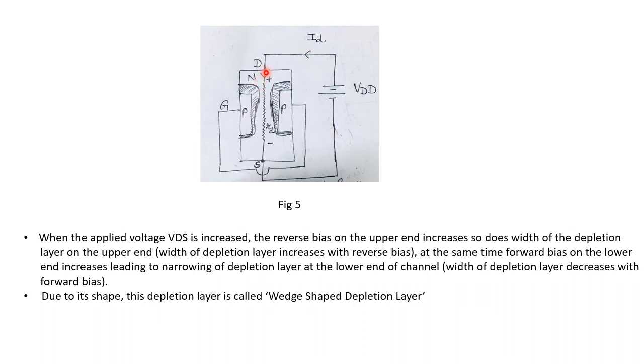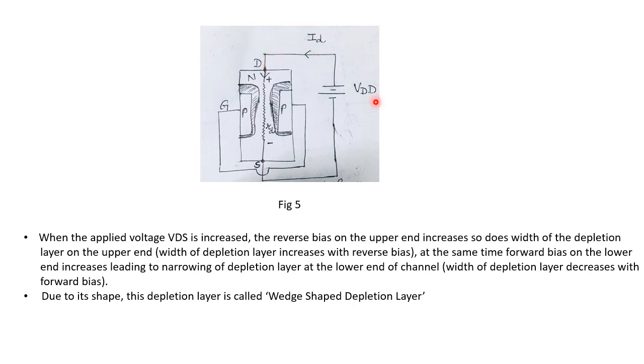In this figure, we are considering the n-channel FET, and as we can see from the figure, the source is connected to the negative terminal and the drain is connected to the positive terminal.